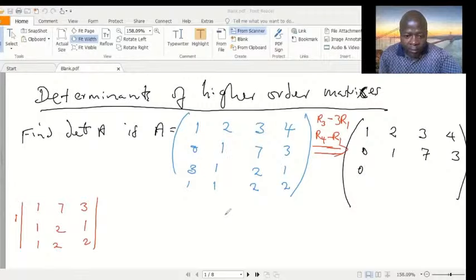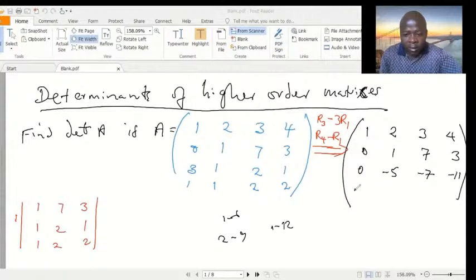And this is 1 minus 3 multiplied by 2. 3 multiplied by 2 is 6. When I subtract, I have negative 5. What about this? 2 minus 3 multiplied by 3. 3 multiplied by 3 is 9. So when I subtract, I have negative 7.